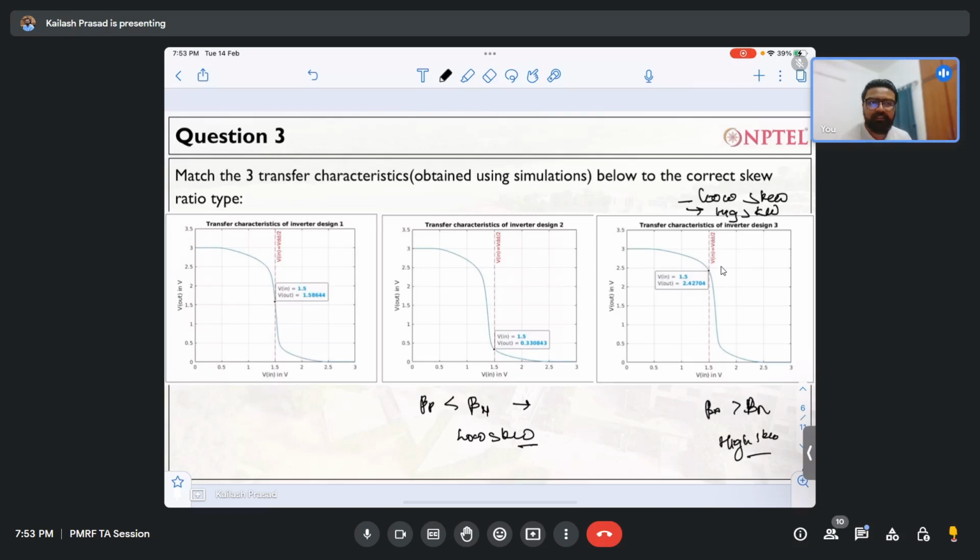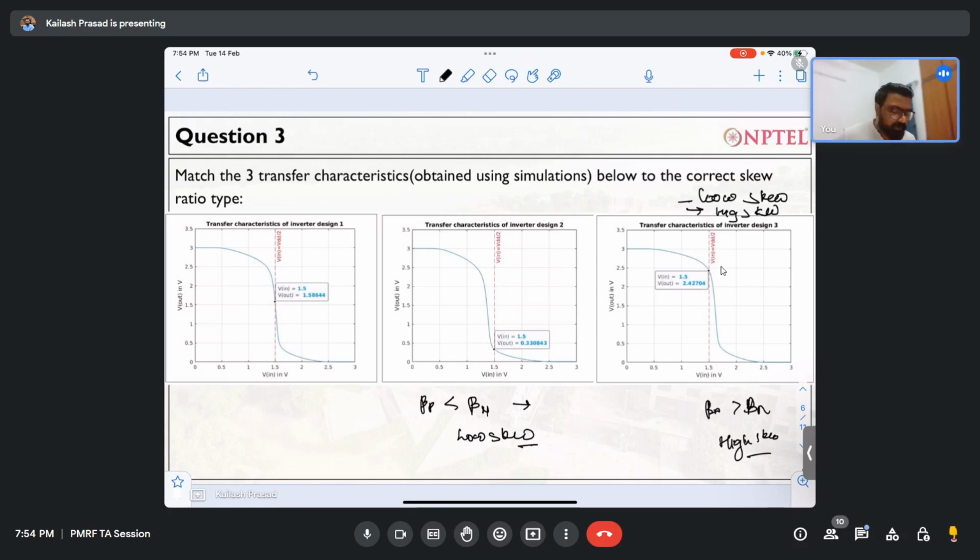So yeah, the answer is correct. Now again my question: how have you said that beta P is less than beta N? What is your logical reasoning behind that? The width of PMOS and NMOS. If we increase the width, from that we can set the value.